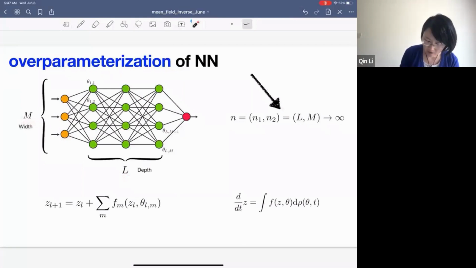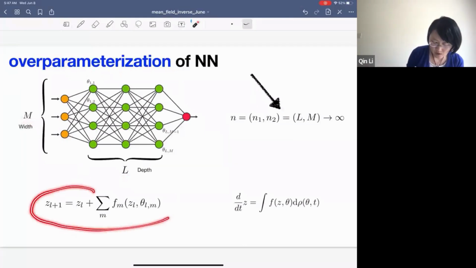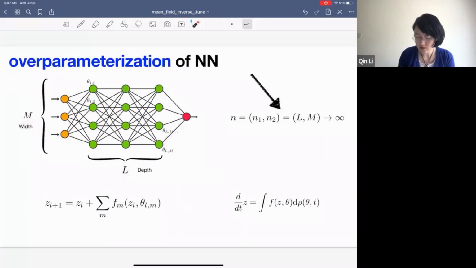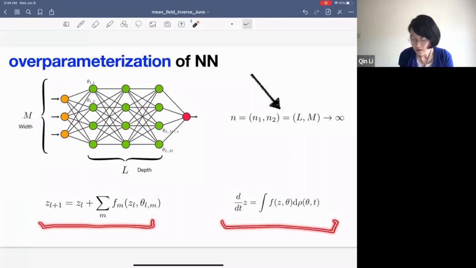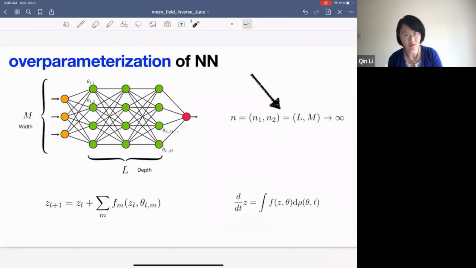And I would like to argue that if the size of the neural network goes to infinity, this residual network updating formula could be rewritten into the ordinary integral equation. So once you are changed from the discrete setting to the continuous setting, there are many tools that we can use, many ODE and PDE tools that we can use to understand this updating formula.